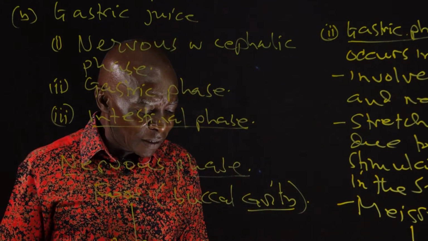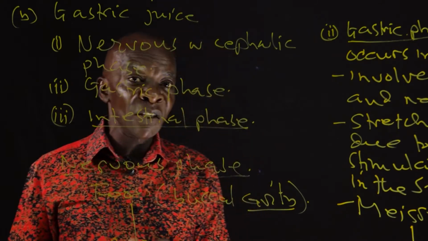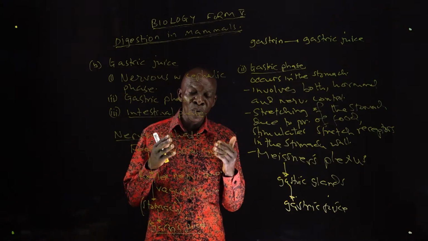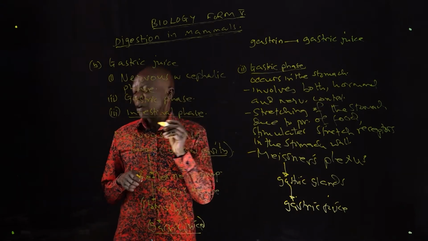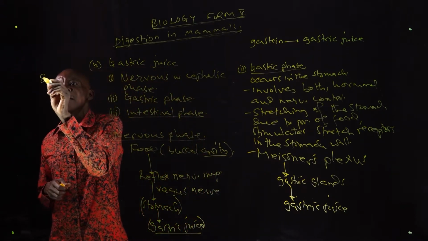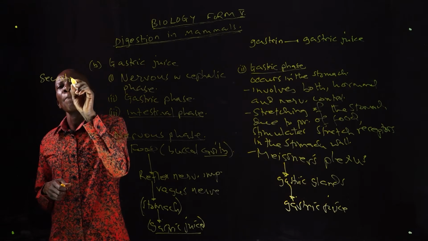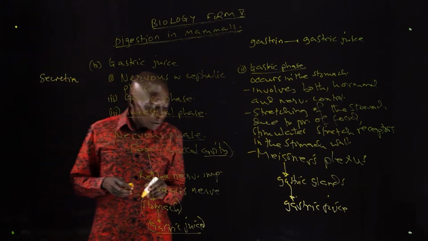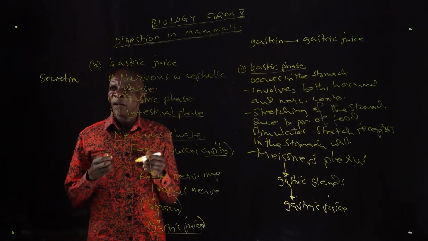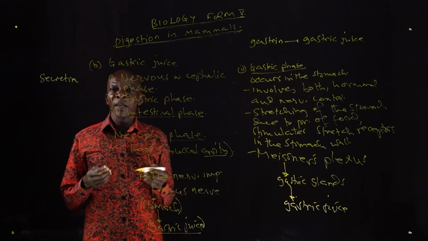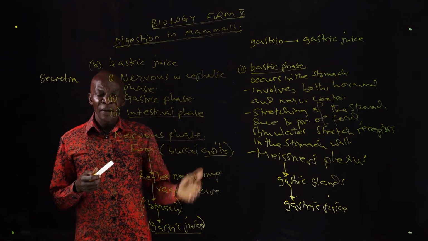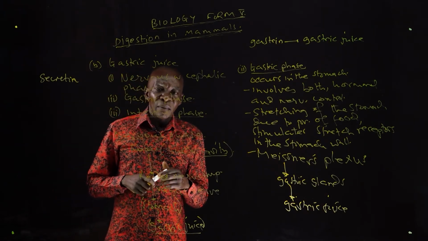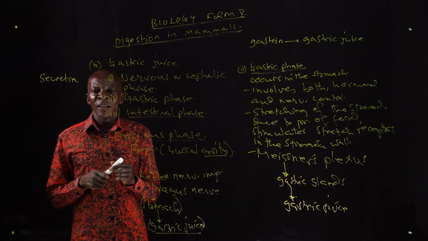But also, the duodenal mucosa is stimulated to release two hormones. One is a hormone called secretin, whose role is to stimulate the release of bicarbonate salts into the duodenum.